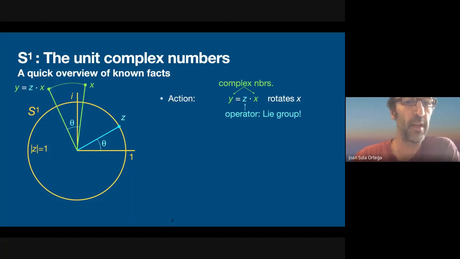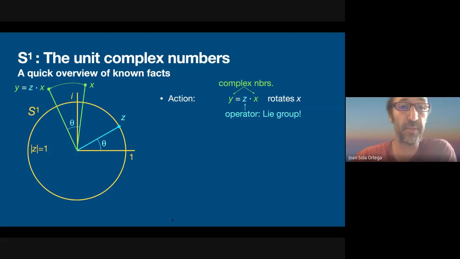You know this. So if one of the complex numbers is unit norm, the result is that I am rotating the other complex number. So if I multiply the complex number x by a unit complex number z, the result is a new complex number y, which is a version of x rotated by an angle theta, which is the angle of z. This is quite well known.